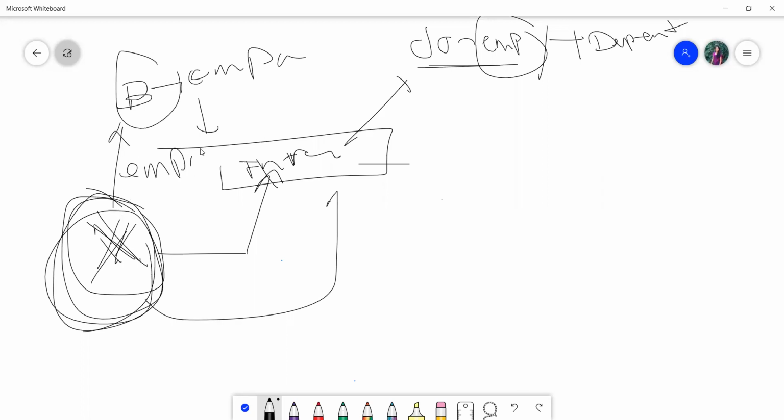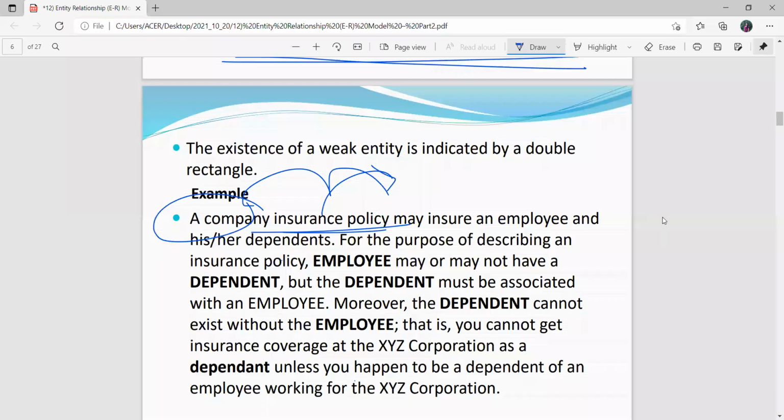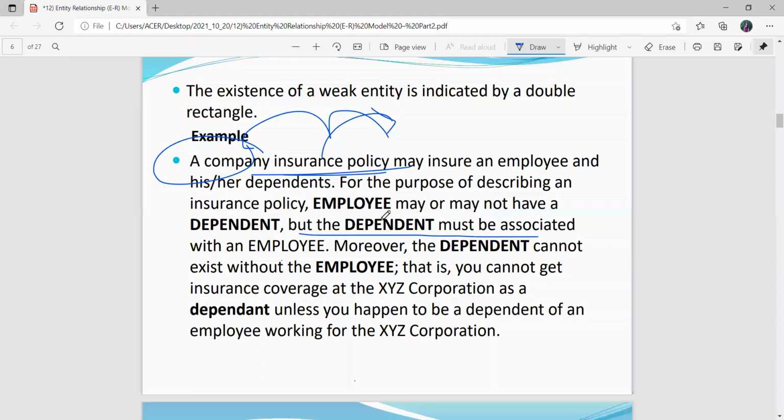So it is needed to be an employee in this B company to take this insurance. But the employee may or may not have a dependent. So this insurance policy is for the employee and their dependent.